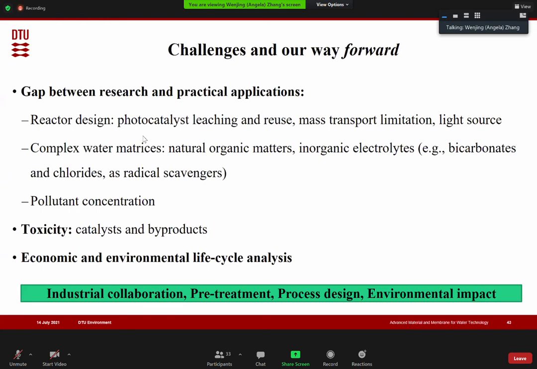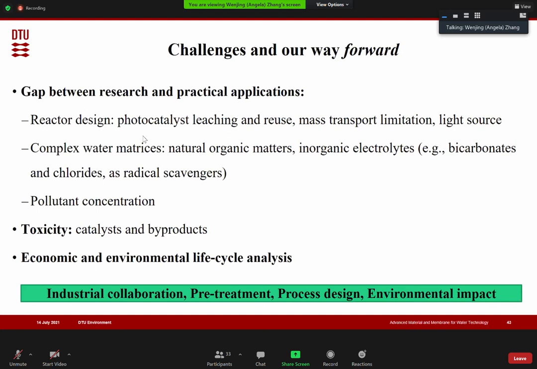So in that case, maybe a lot of the experiment designs in our lab might not work in the real complex water matrix. And pollutant concentration, especially for pharmaceuticals or CECs that are present at very low concentration, how can we efficiently treat such pollutants at this low concentration?